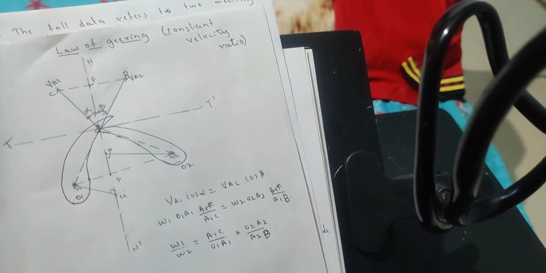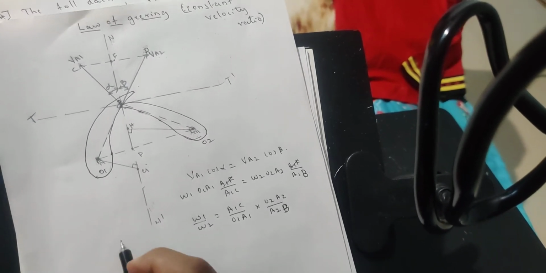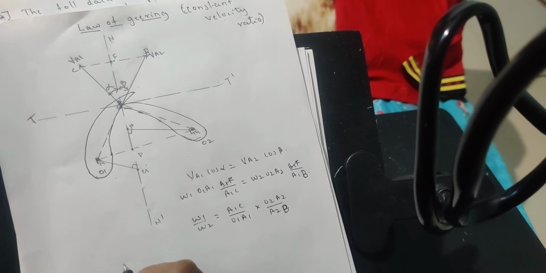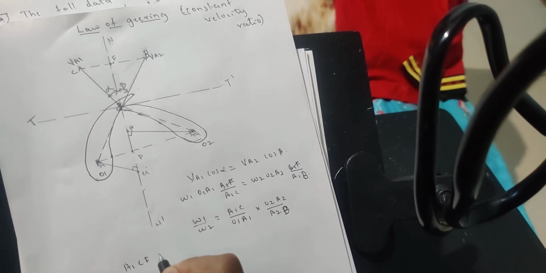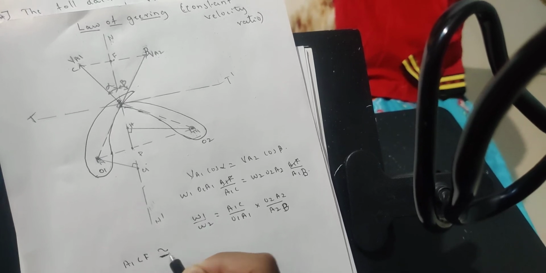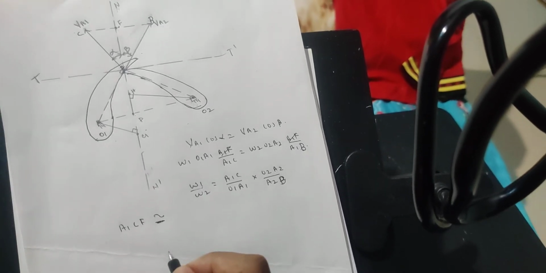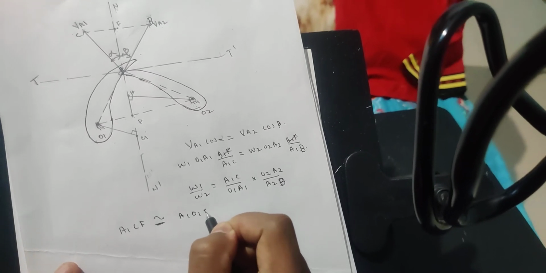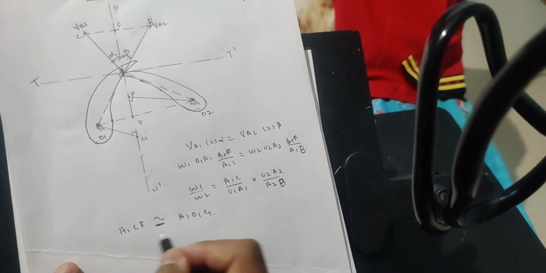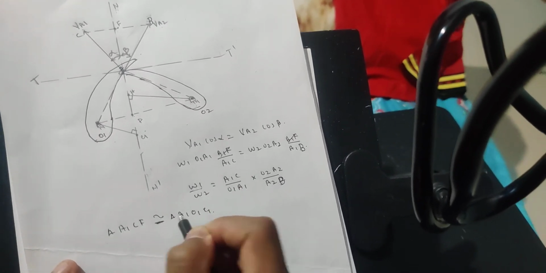You have a hypotenuse and you have a base also. So we can write that A1CF is similar to A1O1G. These are the triangles here.